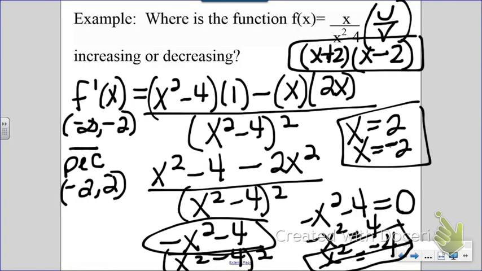For example, we can check a positive 3. Positive 3, because of the negative outside here, is going to have the same effect as negative 3. So if we put in a positive 3, we're still going to have a negative number, which means we're still decreasing. Now remember that you can't list them as one interval, because at negative 2 and 2 you have vertical asymptotes. So this is how we would list it.